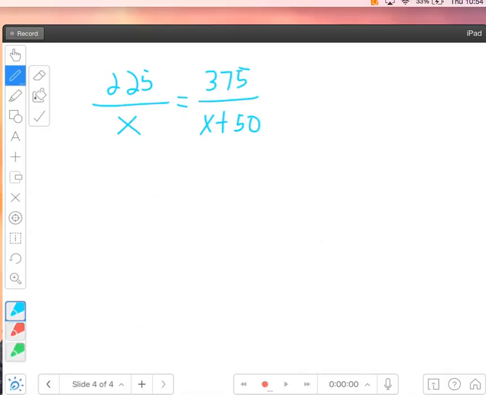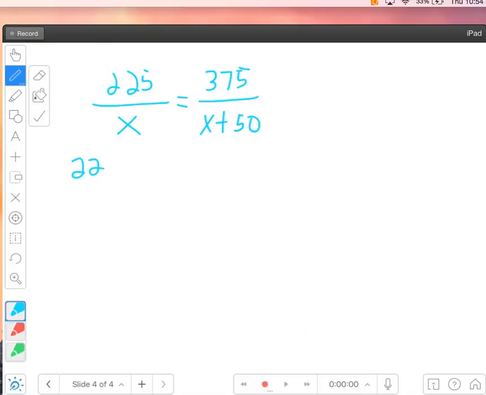Now you can use any method that you learned in algebra to solve an equation. We discussed methods to solve rational equations, but in this case we just have two fractions equal to each other. So what we could do is just cross multiply.